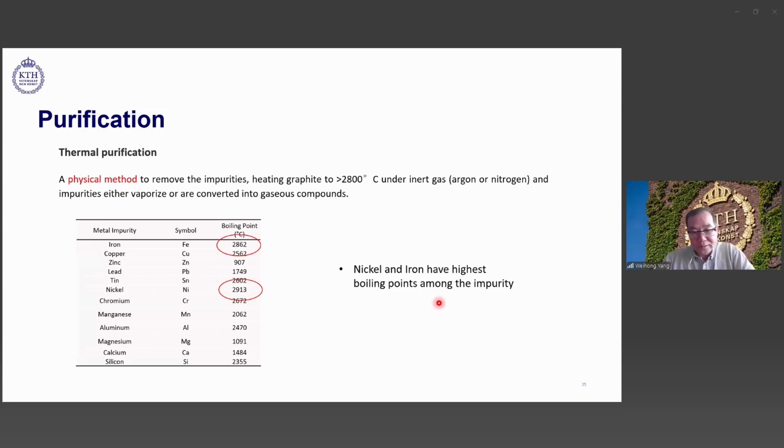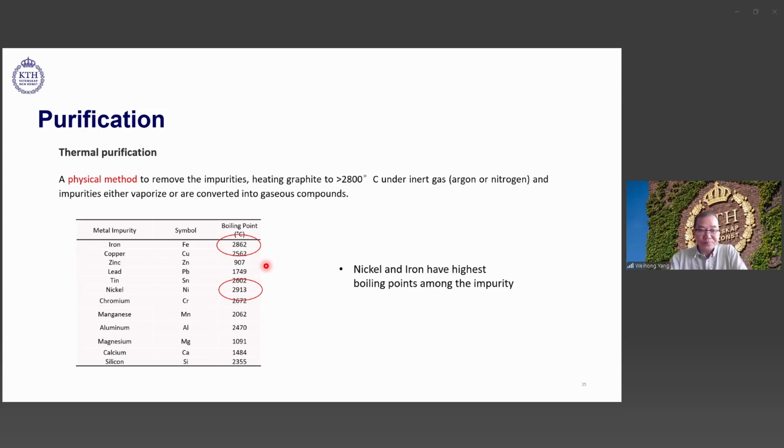Another very hot topic is the thermal purification. It means whatever impurities you have, if the boiling point is normally below 300 degrees, if I can heat up the materials to 300 degrees, most of the impurities, like the metals, will vaporize into the gas phase. Then you will only get the graphite.